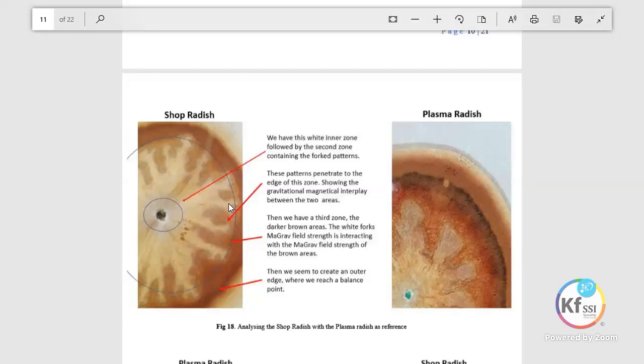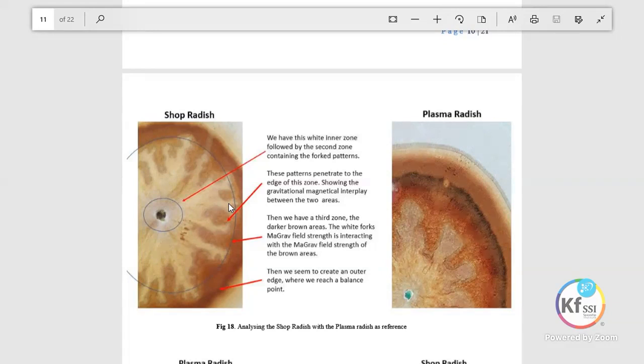And to me, it's sort of showing the gravitational magnetic field interplay between these two areas, how that whiter creamy zone with the forks is interacting with the lighter brown area. Then we have a third zone, which is the bigger blue circle. It's the darker brown.